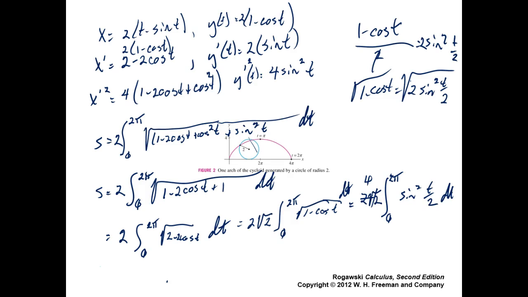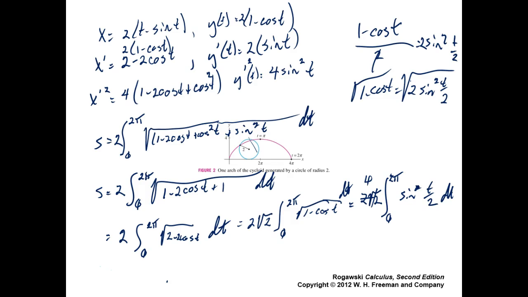Not 4 root 2, but just 4. Okay. And this then would be the square root of that, which is just the antiderivative of sine, because we had a sine squared. Square root of sine squared is sine. Square root of 2 came out front.